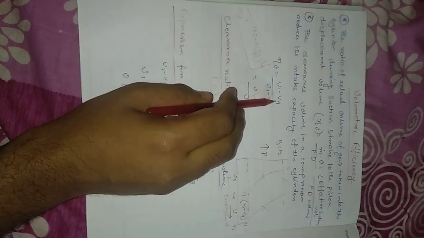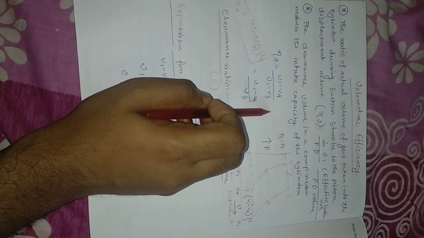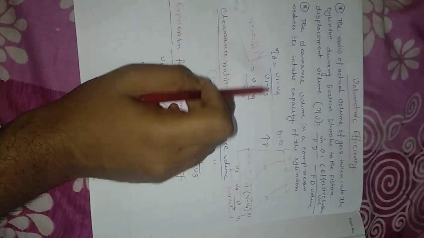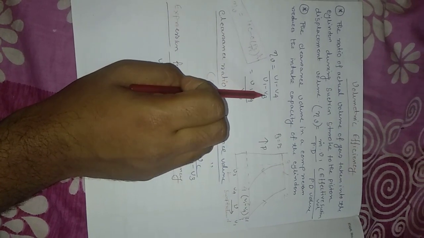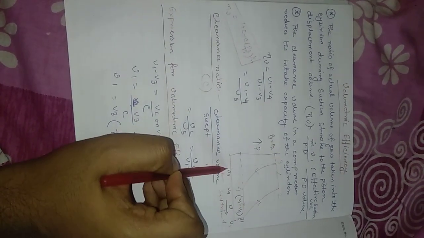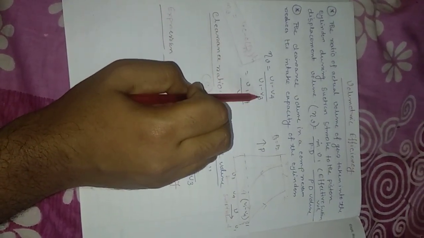V1 minus V4 is the actual volume of gas taken into the cylinder during the suction stroke, divided by the piston displacement volume, that is nothing but the swept volume, V1 minus V3. So it is the ratio V1 minus V4 divided by V1 minus V3 according to the PV diagram.